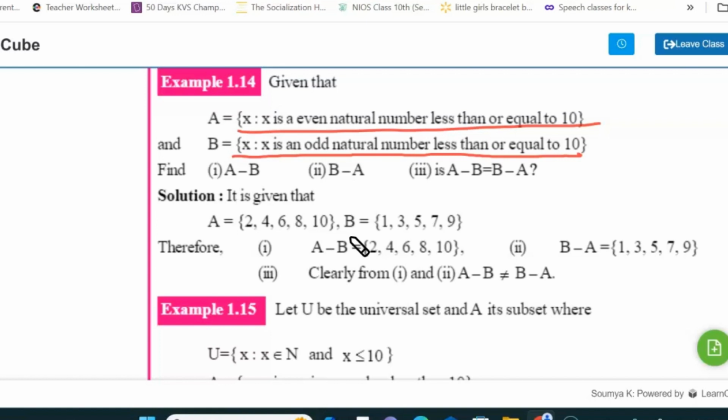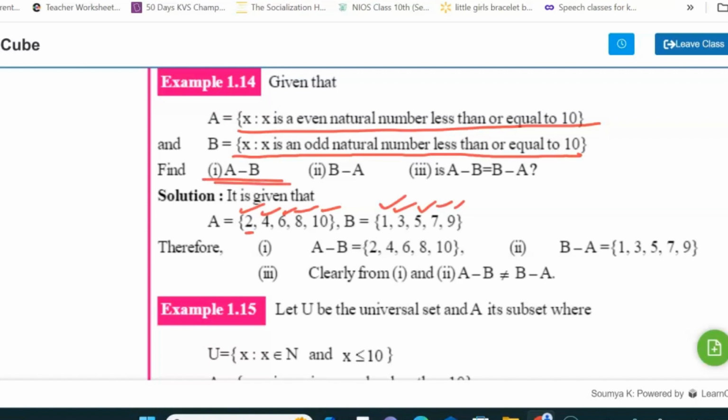If you take A, it will be even natural numbers. So natural numbers, even number starts with 2, so 0 is not included. 2, 4, 6, 8 and 10, because equal to 10 is given. Then comes B, odd natural numbers. So starting with 1, then 3, 5, 7, 9. These are the elements in both the sets.